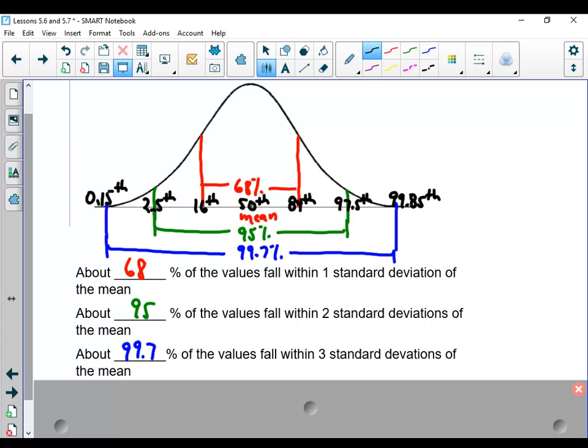So no matter what situation we're looking at, if it's a normal curve, these percentiles will always be in those places, no matter what. So that's why those are important ones to have down. You don't have to memorize them, but to have them down to where we can transfer them over.